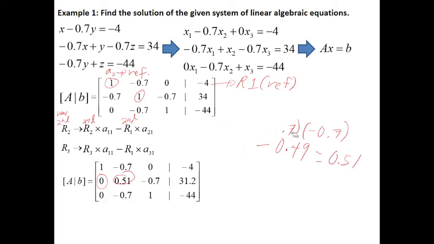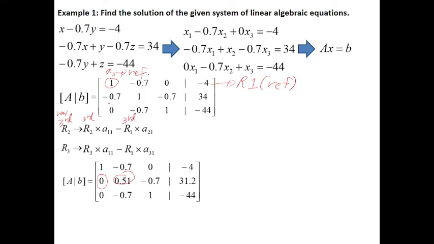Next, we proceed, no? So, we have naman, we consider the third element.